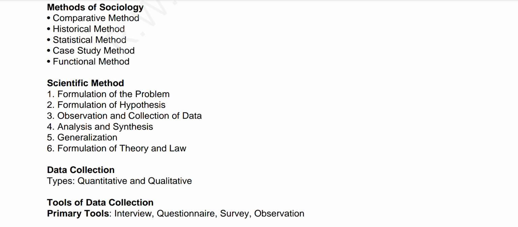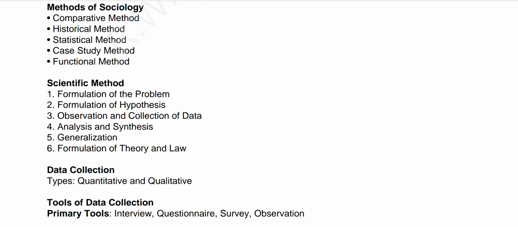Next is generalization. After the data have been collected, processed and analyzed, and it's correct, fine, the researcher has to draw a broader inference or conclusion, like a generalization of this particular thing.